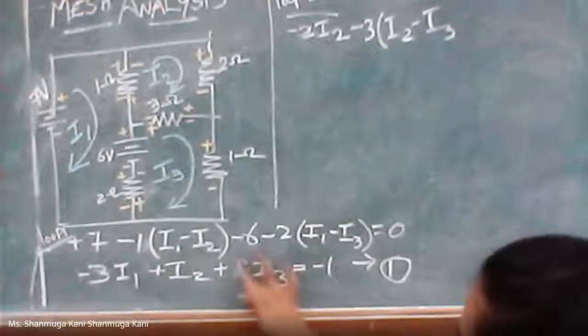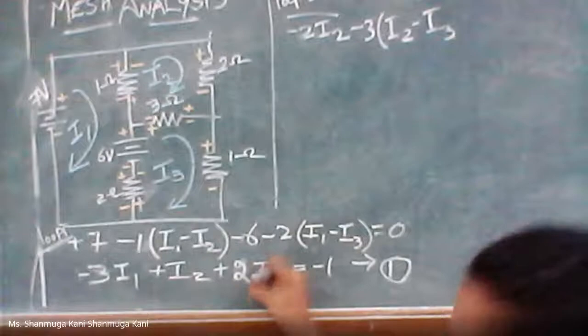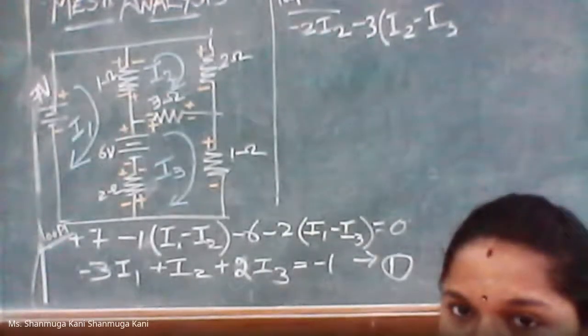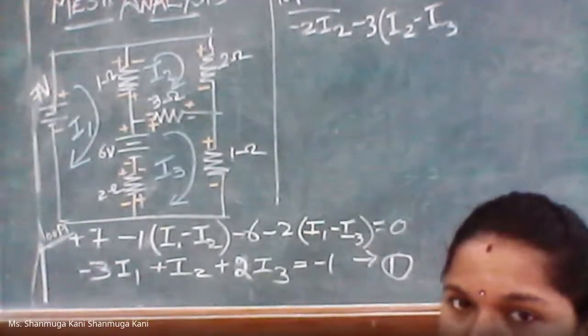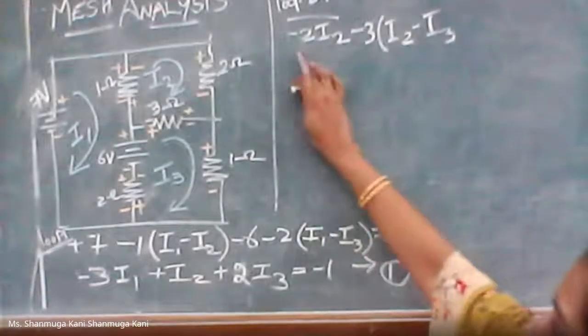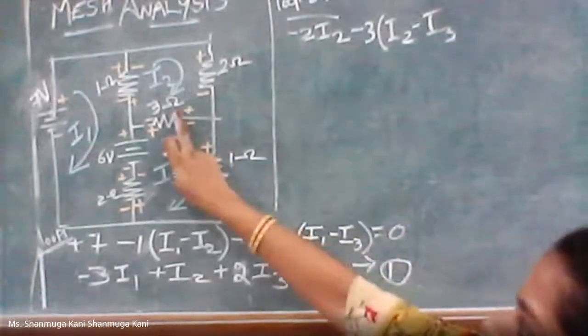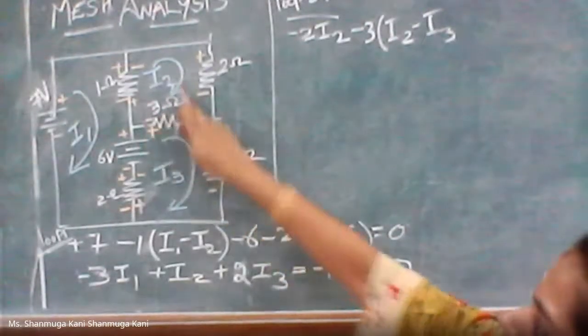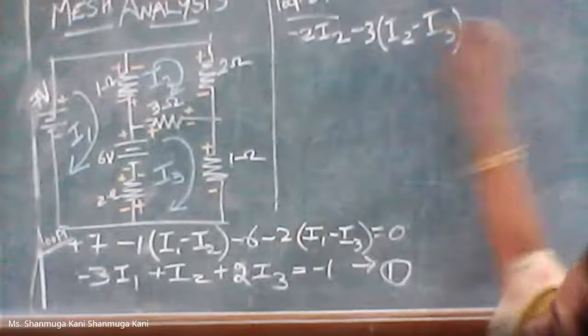Okay, correct, 2 I3. Very good, you are attentive. So for loop 2: 2 into I2, and this is common, so -3 into (I2 minus I3).